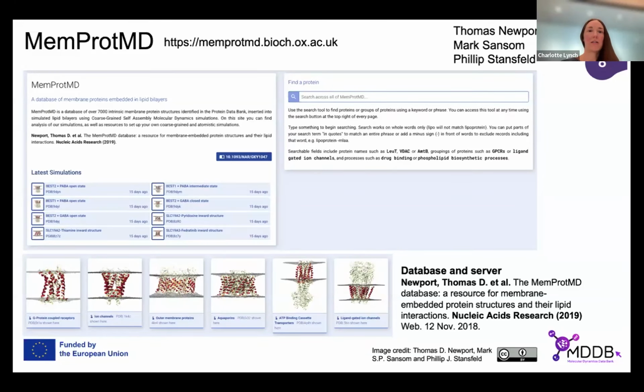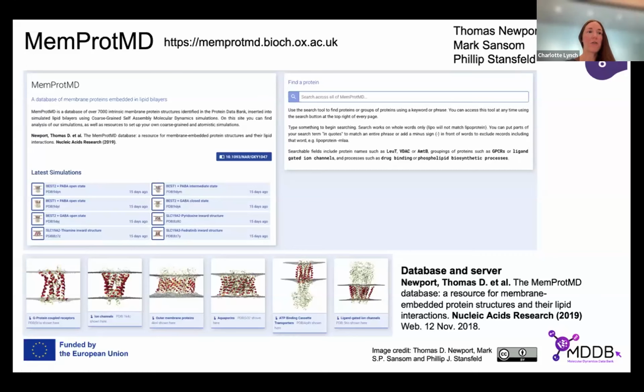So this website gives you a whole set of output files where you have the protein embedded in a DPPC bilayer for you, if you want to use that further. Now, we've got more than 7,000 proteins in here, and this whole pipeline and work is from Thomas Newport, Mark Sansom, and Phil Stansfeld, who's going to talk after me.